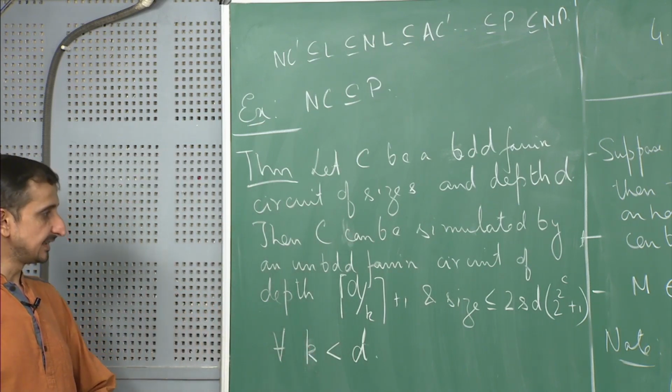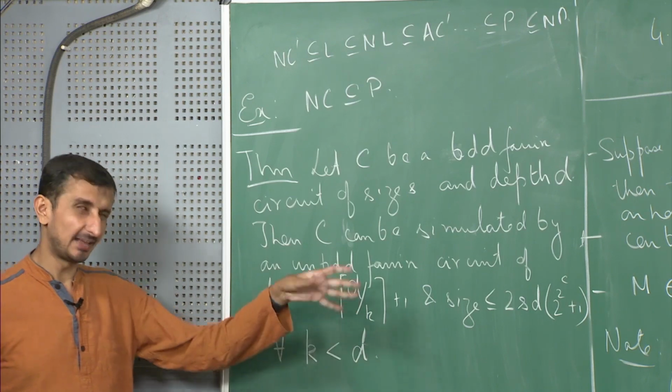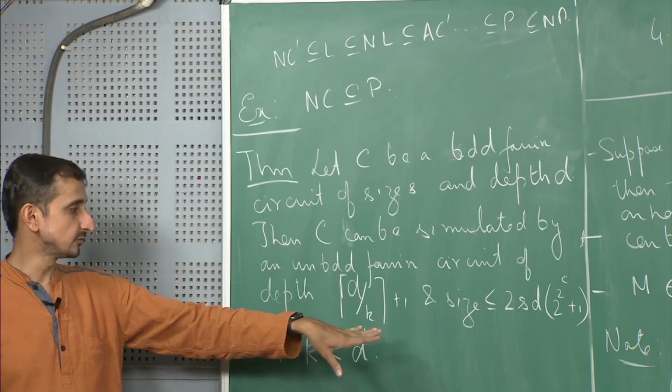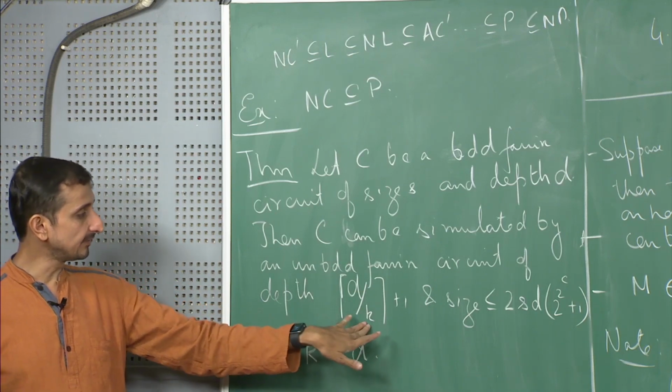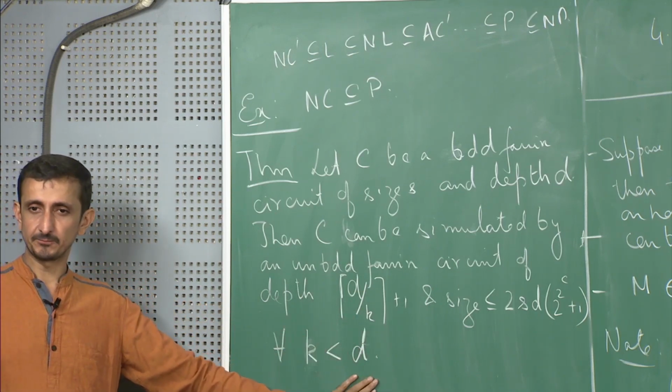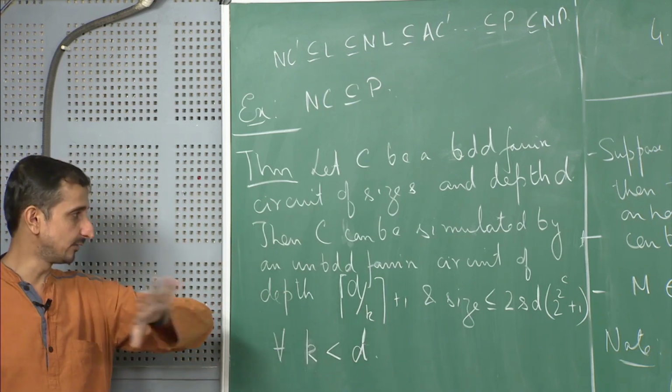So, for any number K, it need not even be a constant, think of K as any number that is at most D. You can choose K to be whatever you like.